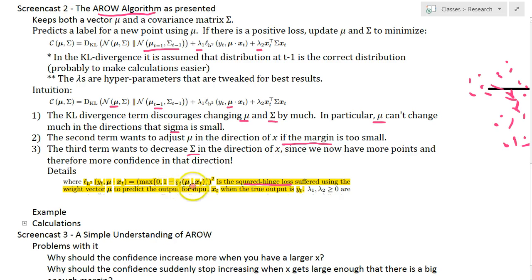If your margin is not big enough, so either you predict the wrong label, or you predict the right label but not with a large enough margin, then this will be positive and squared. So the more wrong we are, the bigger this ends up being. So that's the squared hinge loss.